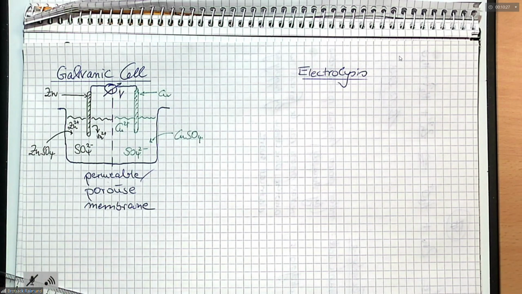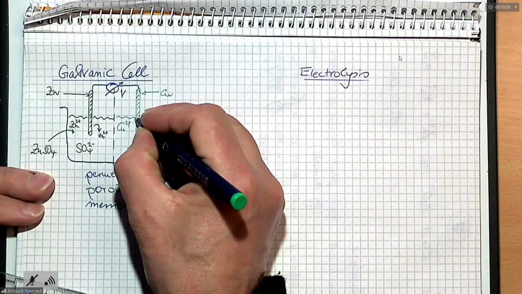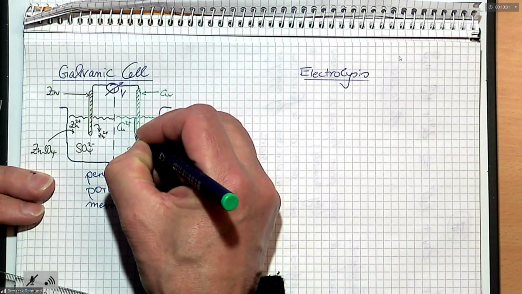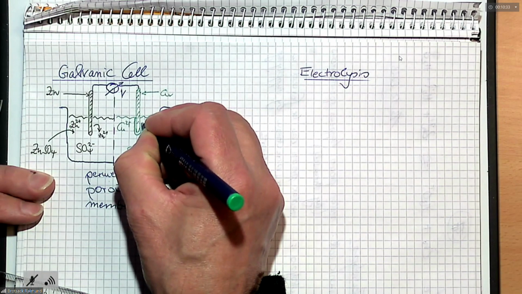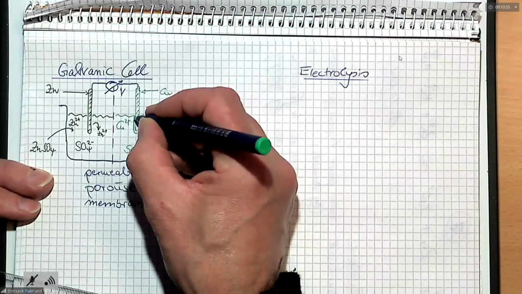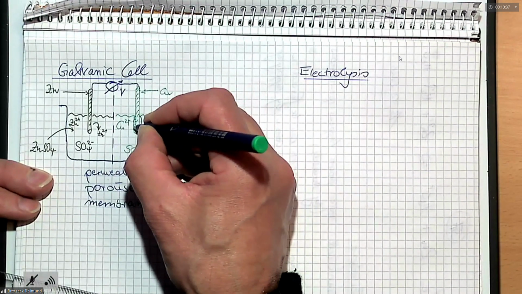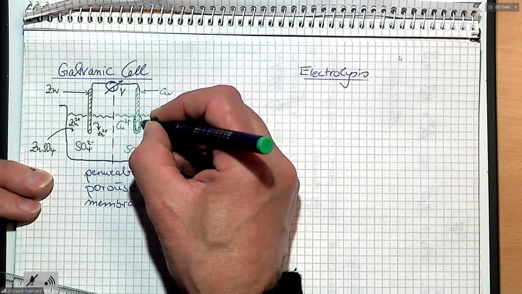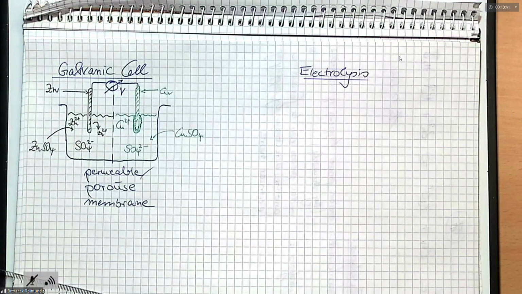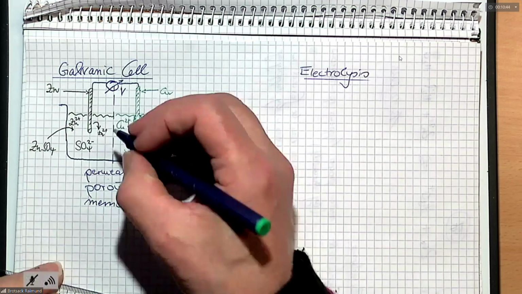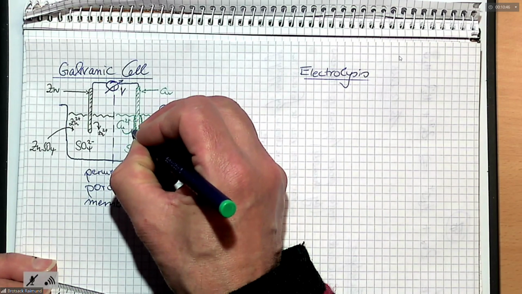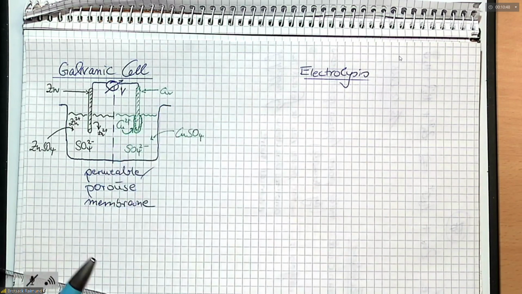And on the other side, we will have the formation of additional elementary copper. So the copper electrode will grow, get heavier. We will have more elementary copper because the copper 2 plus now will be reduced to form additional elementary copper.